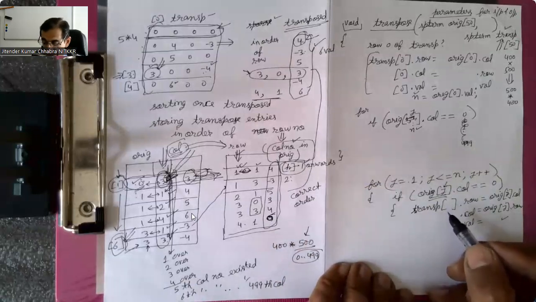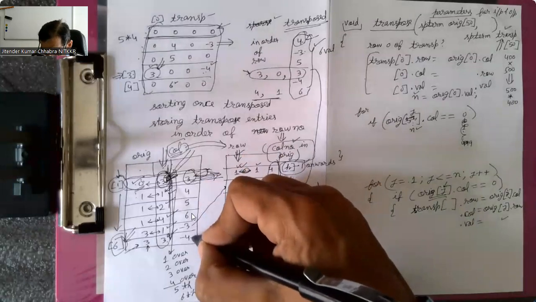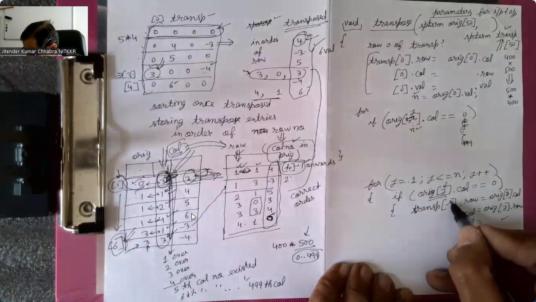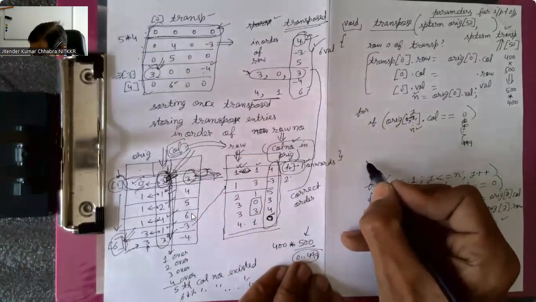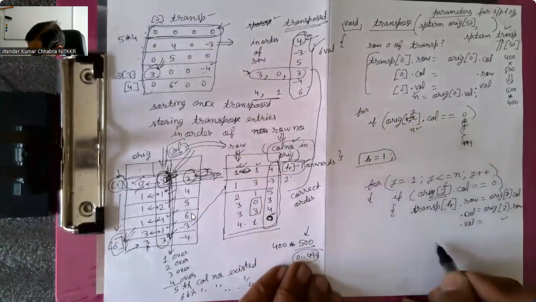One j could be firstly initially 1, later an entry for j will come maybe at 6, maybe at 20. So I can take a separate variable k, and I can definitely make k start with 1. And of course, once done, k plus plus.